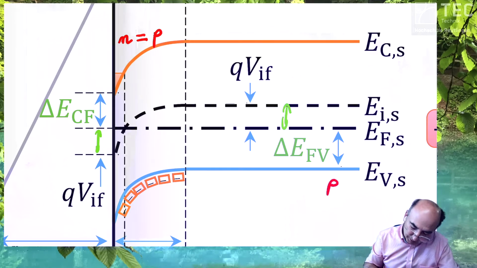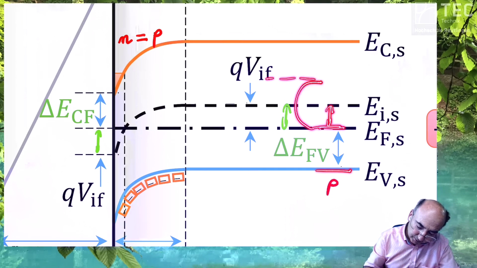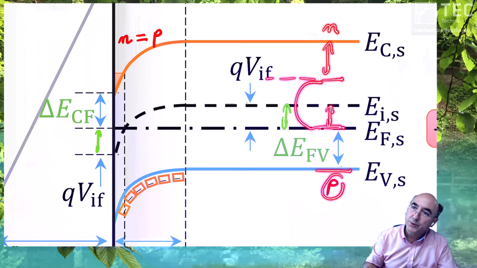Once more, Fermi level in the vicinity of valence band. If now the Fermi level with this distance is now here with this same distance, then this electron concentration would be the same like the hole concentration.